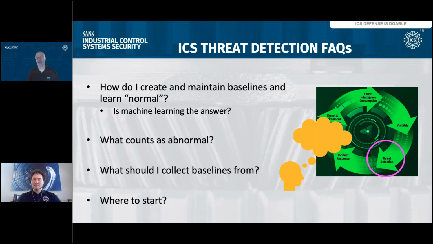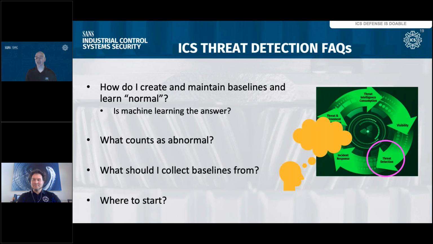And it was a pain. It took a long time to sort out what was going on. So from that day, I wrote a script the next day that goes out and grabs my configs every day, takes a difference and emails me the differences. Something as simple as that. That's a baseline. That's detecting changes. You don't need machine learning to do that sort of thing.